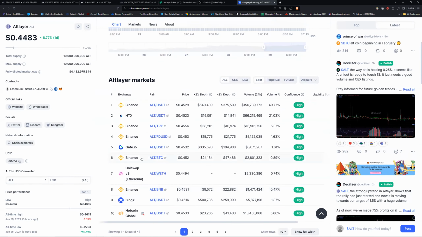How did it get listed on Binance so quick if it's so new? Maybe it was a launch pad thing. Anyway, I don't know. Kind of indifferent about this one now after finding out what the market cap is. But I'm going to end it there.